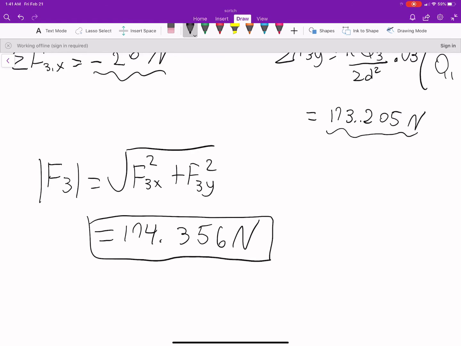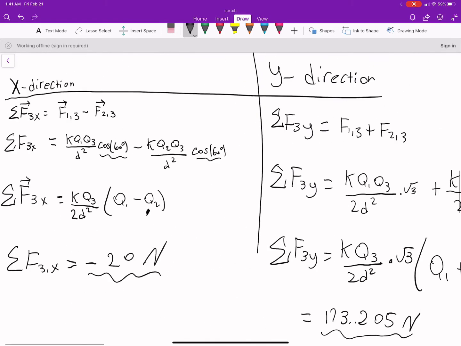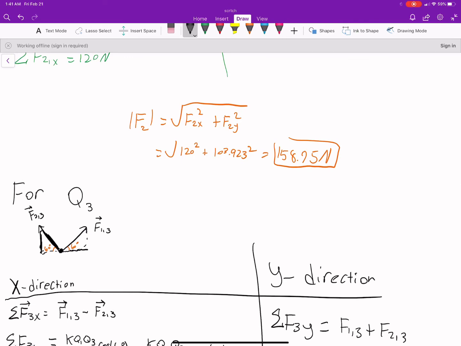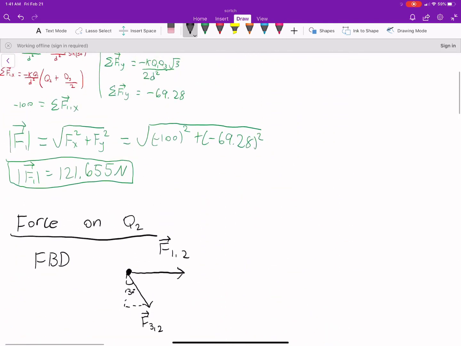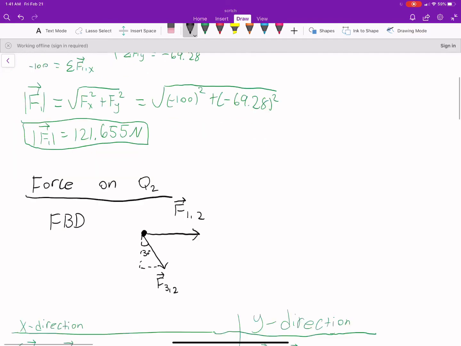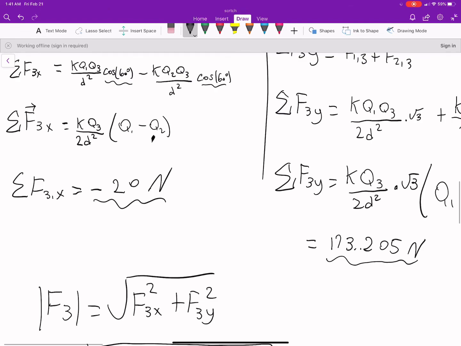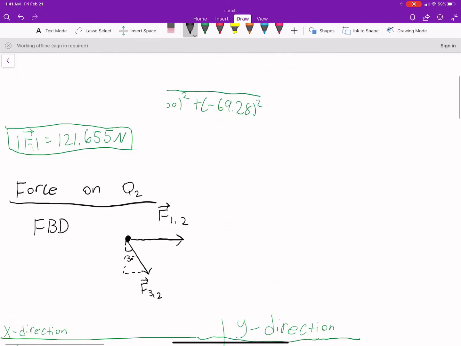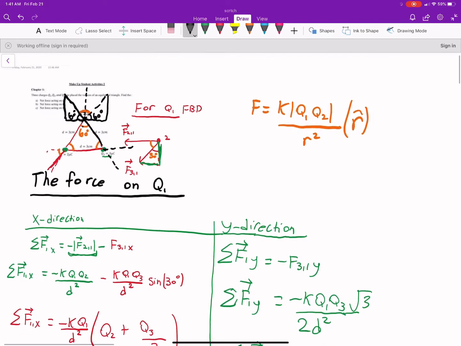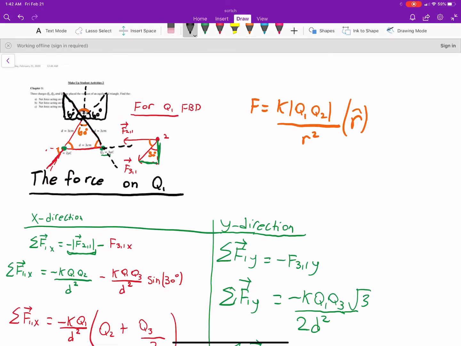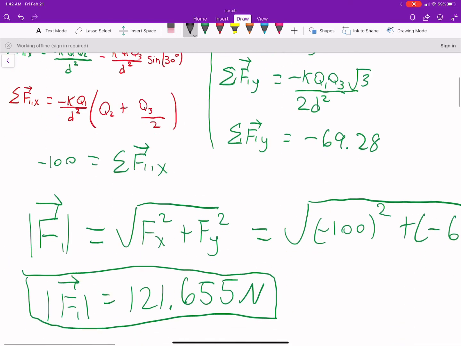So this is the force that 3 feels, the net force 2 feels, and the net force 1 feels. So sorry about the little trig error, and also I plugged in the wrong charges there. But this is the way to do this. You look at your triangle, you make a free body diagram for each particle, and then from there you use Newton's second law, you use Coulomb's law to describe the forces, and then it's just a little bit of math, so not too bad, right?